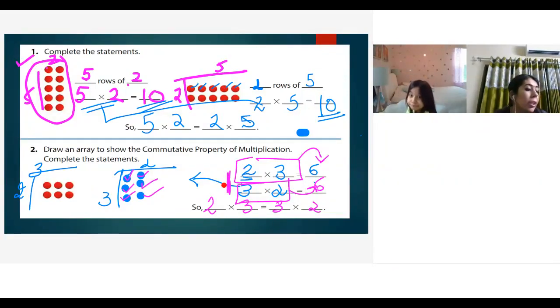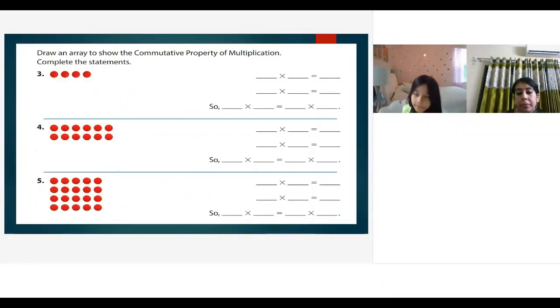We can take 3 times 2 or 2 times 3. Now you are getting it, Akshita? Yep. Now it's becoming more clear. Okay, Akshita. Now this you have to tell me: how many rows are there?